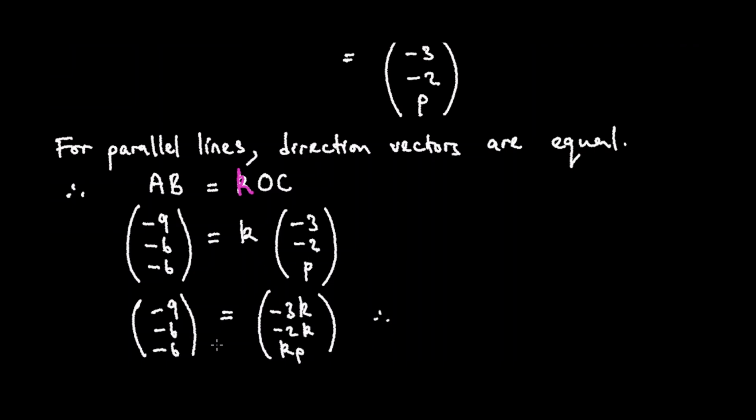Therefore we are doing correspondence, because we now have vectors on both sides. So kp is equal to -6.